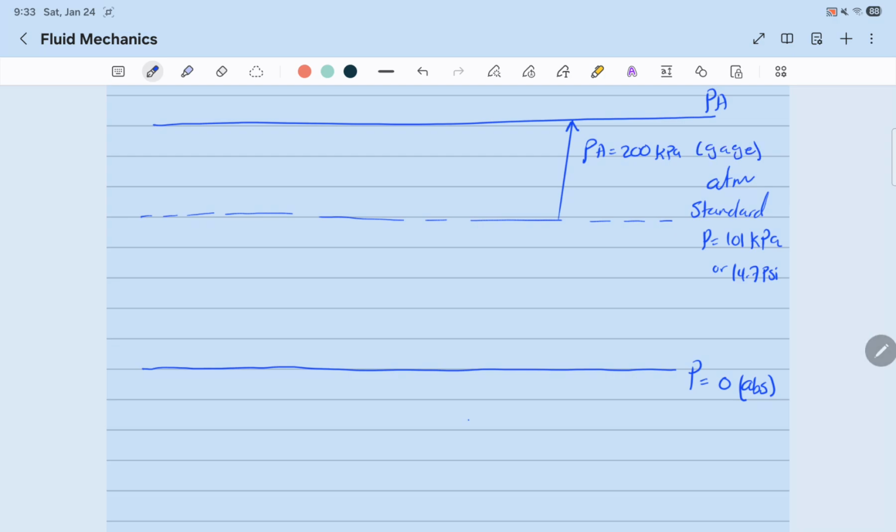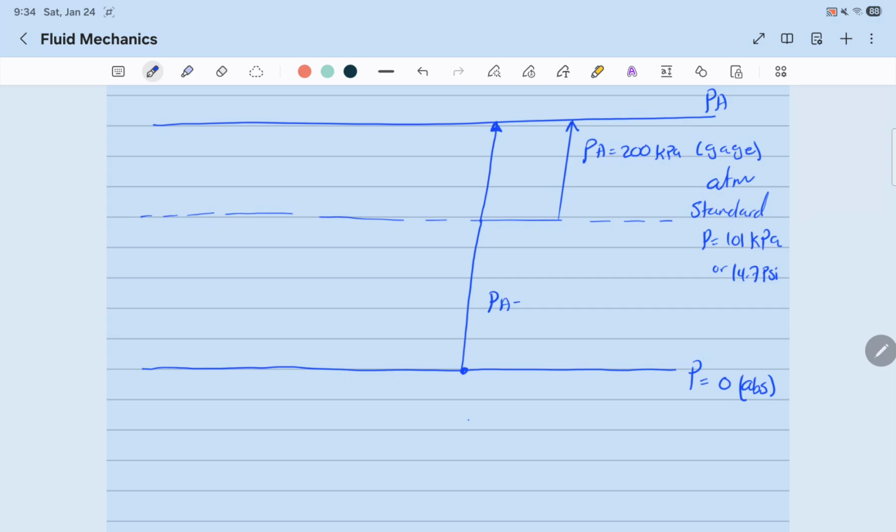Gauge. Okay. Now we're asked to find the pressure of A in absolute. So we'll start from 0, because the absolute has a reference point of 0. We'll go all the way until we reach standard, which is the atmospheric pressure, plus the 200.